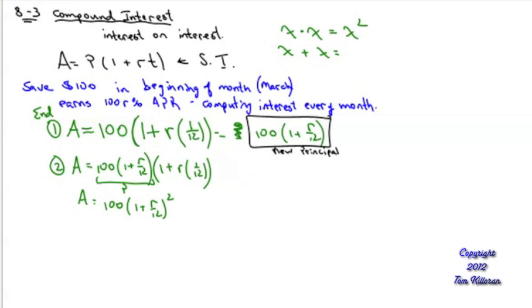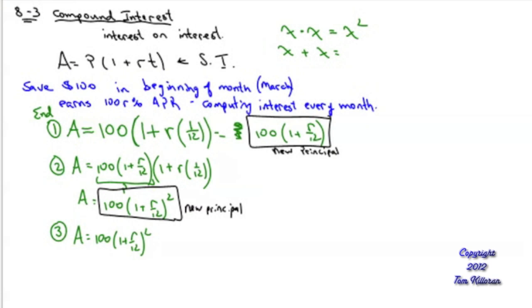Okay. Now we get down to month 3. Well, again, this is our new principal. Another one. And it keeps changing month to month to month. So when I get down to month 3, we have A equals P. That's P. And then I have to multiply it by the interest part of it, which is the 1 plus RT.